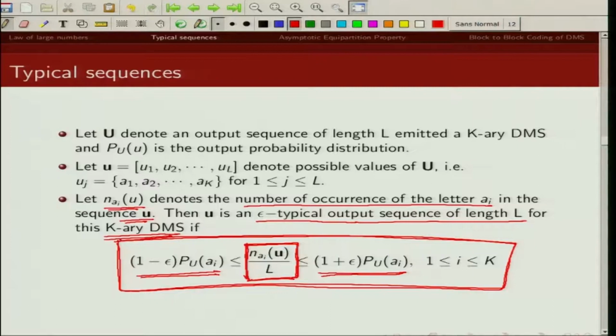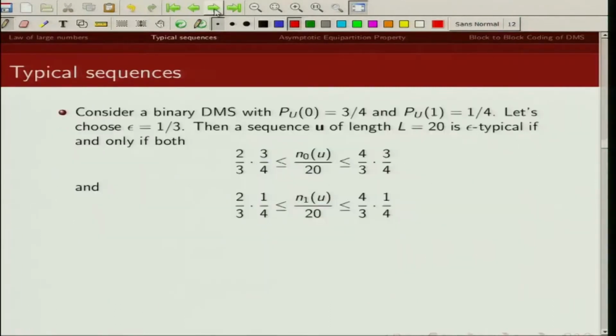Please note epsilon is a small number. Let us illustrate with the help of an example. We consider the same example that we have considered earlier: the probability of U being 0 is 3/4, and the probability of U being 1 is 1/4. Let us take epsilon to be 1/3. Then according to this, the number of occurrences of 0 should satisfy this relationship.